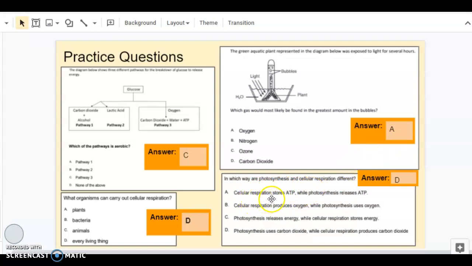Does cellular respiration store ATP? Nope. Does cellular respiration produce oxygen? Nope, it makes CO2. Does photosynthesis release energy and respiration stores it? Nope. Does photosynthesis use carbon dioxide while cellular respiration produces it? Yes. And so the best answer here is D.